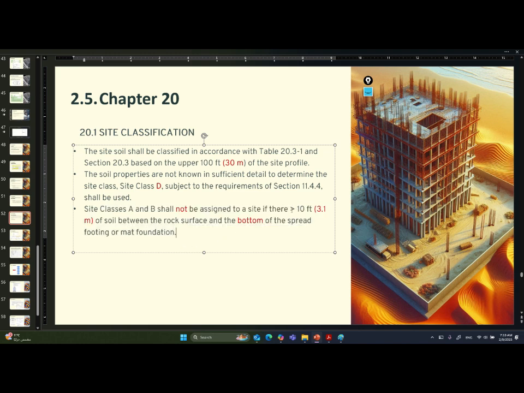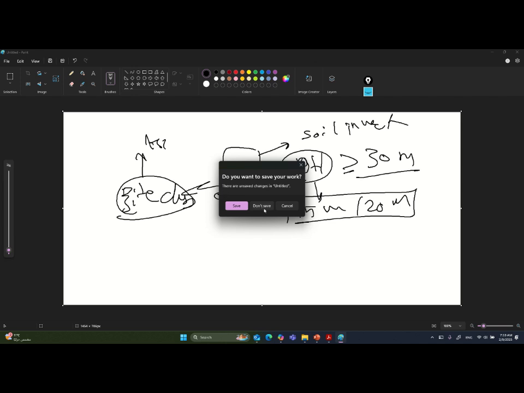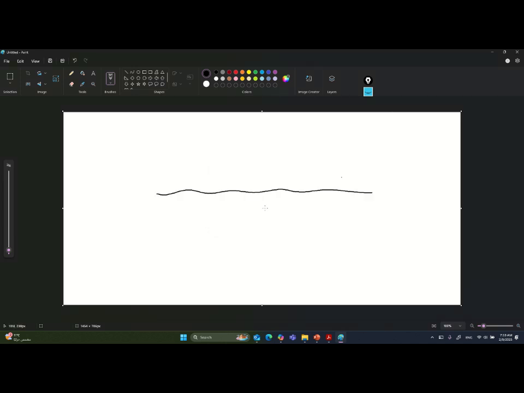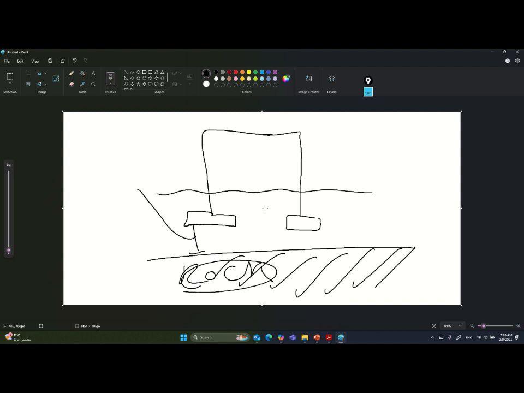If there is at least 3.1 meters of soil between the rock surface and the bottom of the spread footing or mat foundation. So if I have a building and that is the foundation of the building, and that is rock, I have two cases.